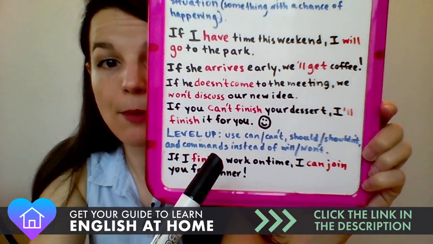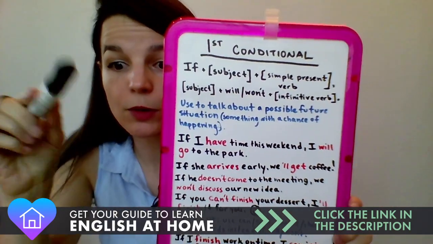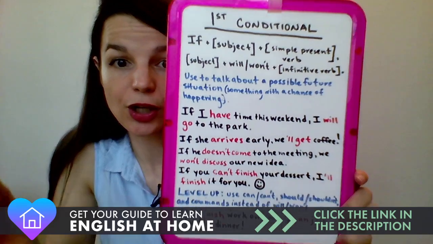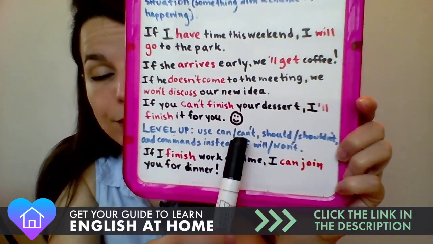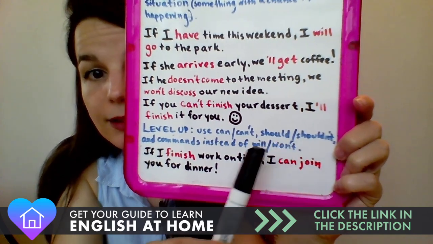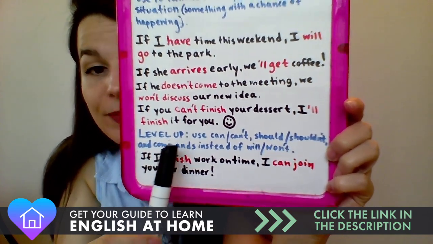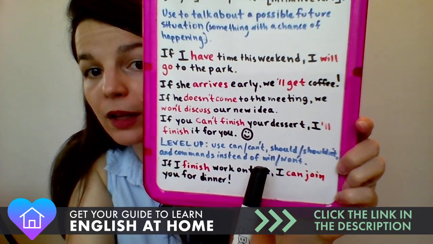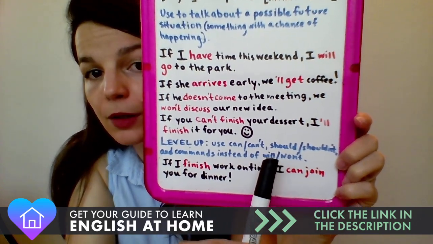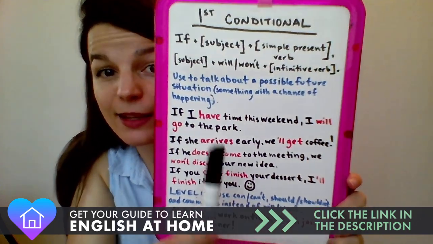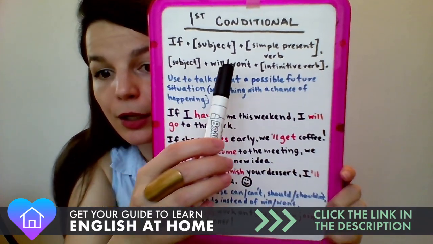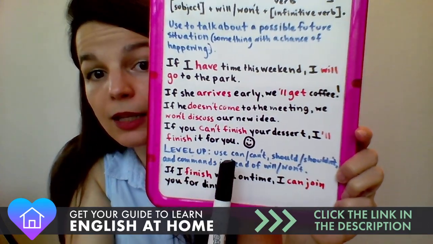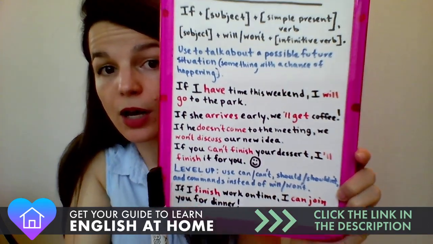To level up this if conditional, this is the first conditional, this will be different depending on the conditional, you can use can and can't, or should and shouldn't, or commands instead of will or won't. Remember, will or won't is a very basic main clause. You can use these expressions in your main clause too.